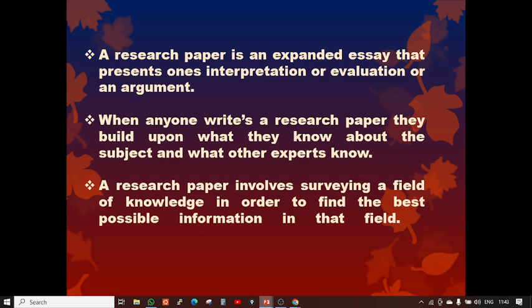So a research paper is an explained essay that presents interpretations, evaluations or arguments. This paper is a communication, because whatever you find in your research, you have to communicate to the scientific community.